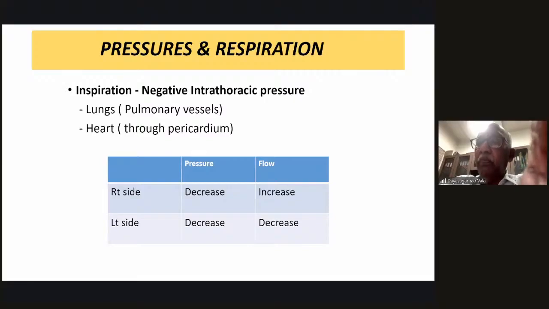This decrease in pressure, even though flow increases, is because of transmission of negative intrathoracic pressure to the right side of the heart, both the right atrium as well as the right ventricle. Whereas on the left side, there is a decrease in the flow because blood is held back in the lungs, and that is the reason why the pressure also decreases.